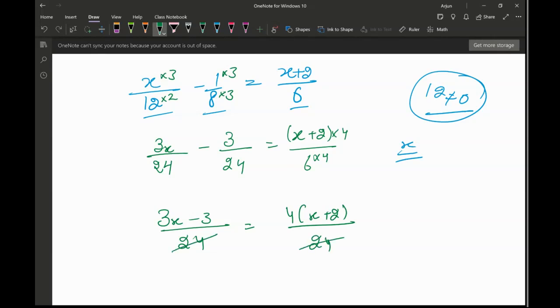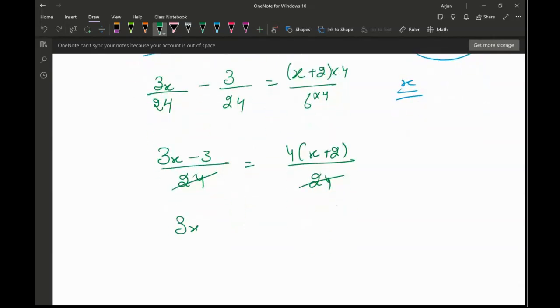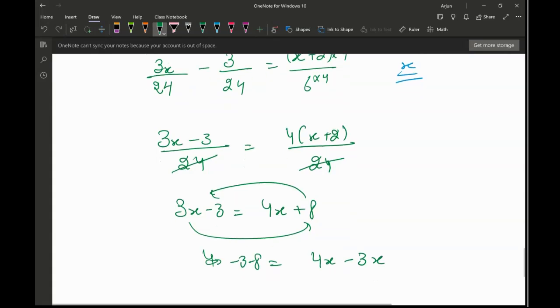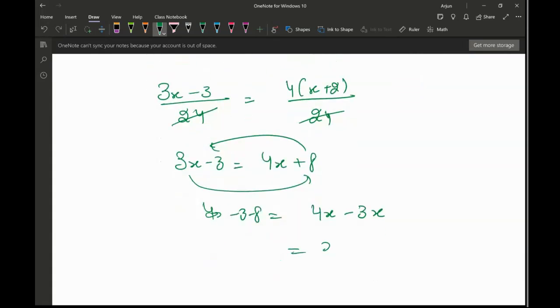The base is the same, I can cancel them out. 3x minus 3 equal to 4x plus 8. Then I will rearrange the terms. 4x minus 3x is x, and minus 3 minus 8 will be negative 11.